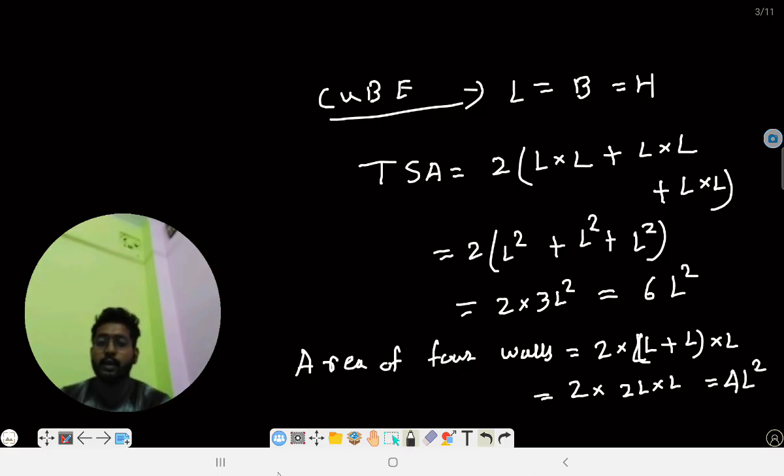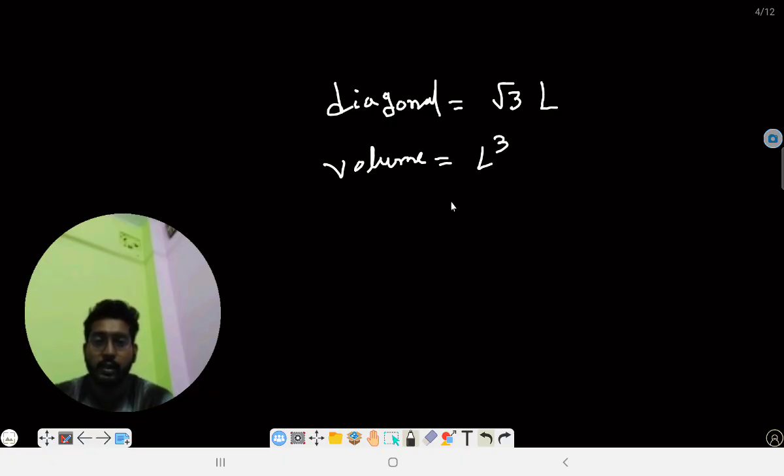This is the area of 4 walls. For the diagonal, using the same thing, the length of the diagonal will be root 3 into L. And the volume will be L into B into H, that is L into L into L, that means L cube. Those are the formulas you have to use for a cube.